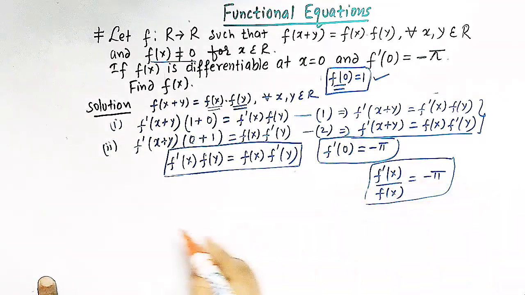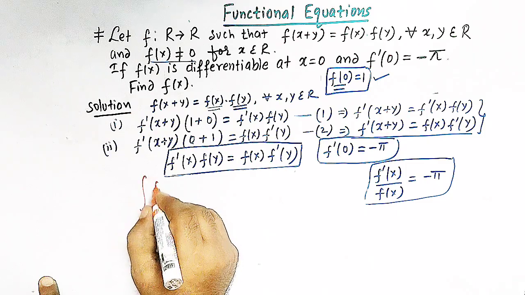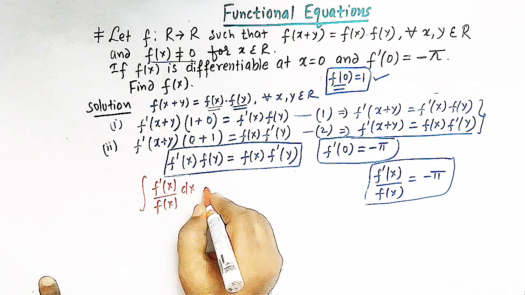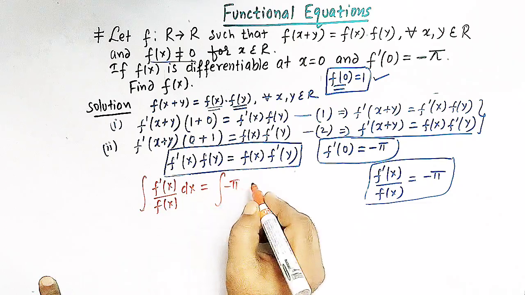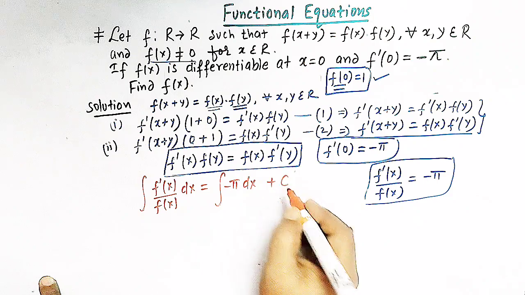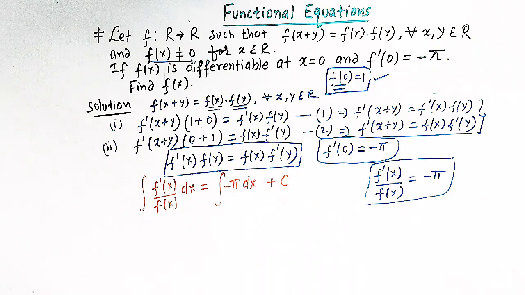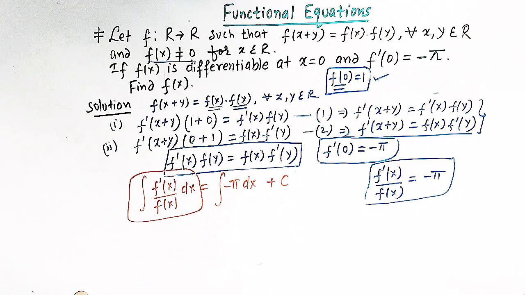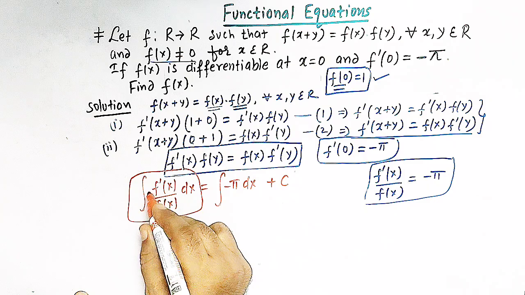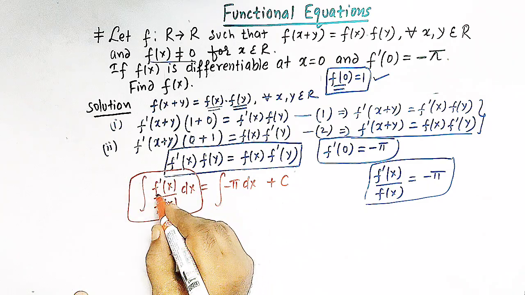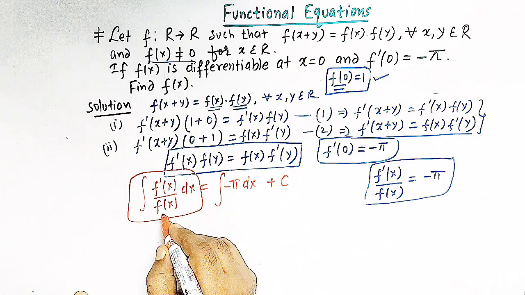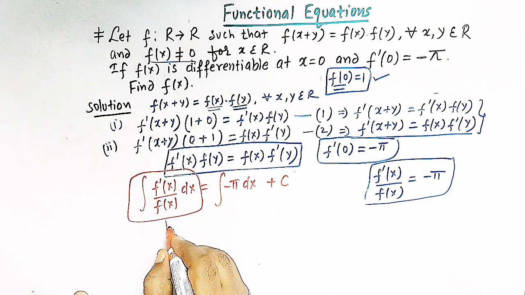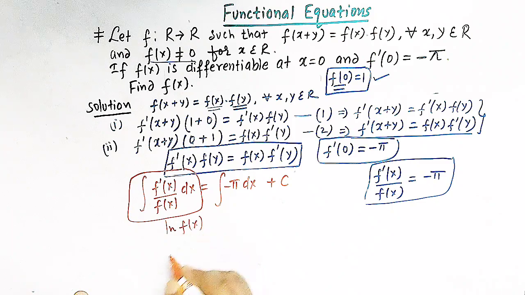So now integrating both sides with respect to x, we have the integral of f prime of x over f of x dx equal to the integral of minus pi dx plus c, where c is the constant of integration, right? Now see, this is a well-known form in indefinite integral, because if we have an integrand in which the numerator is the derivative of the denominator, then the integral of f prime of x over f of x is simply the log of f of x, right?